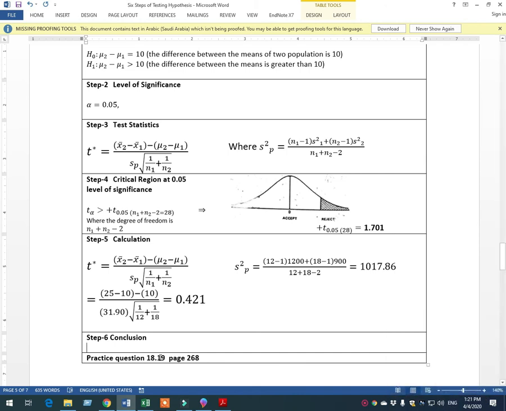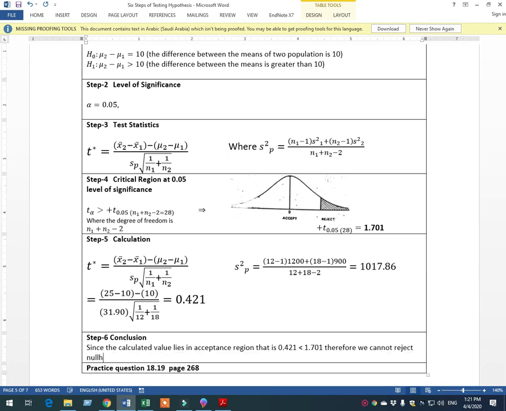First of all I will select the proper language, and then, since the calculated value lies in the acceptance region, that is 0.421 is less than 1.701, therefore we cannot reject the null hypothesis.